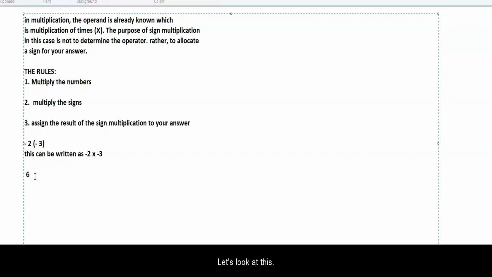Now let's look at another example. 4 multiplied by 5 multiplied by minus 2.